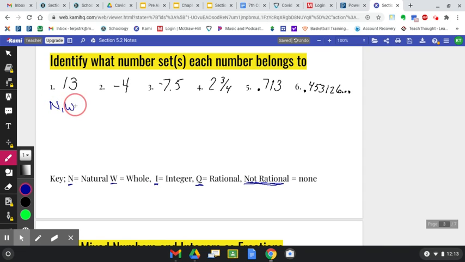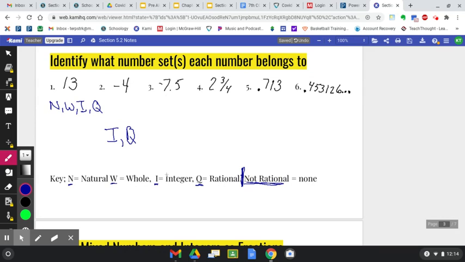And then I can just list the rest, right? If it starts as natural, it's all the way up to here. If it's not any of these four, we say it's not rational. Negative, right? Where does the negative get introduced? That gets introduced as integers, right? That's where the negatives come into play, which means it's also a rational.